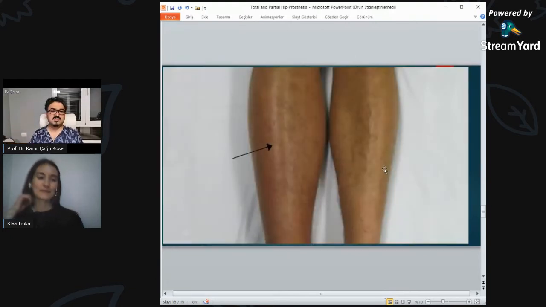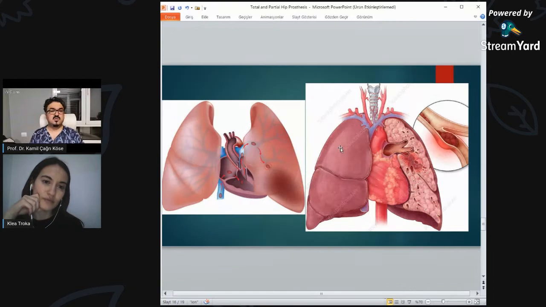When there's a thrombosis in one leg, as in this picture, you can see that one leg is swollen and enlarged when compared to the other one. This is one of the clinical signs of deep vein thrombosis. And then what happens to the thrombosis?